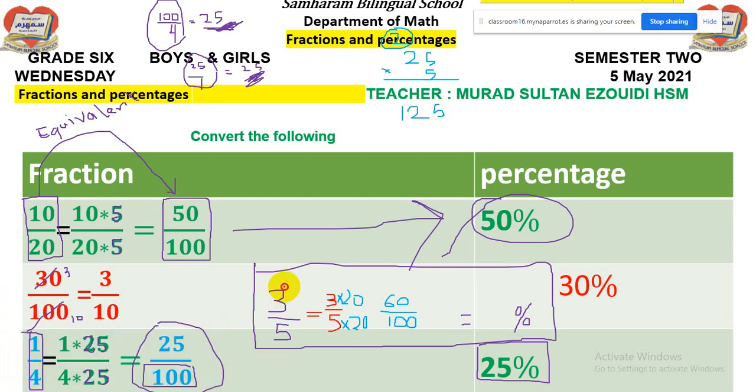This fraction, my daughters, 3 over 5 and 60 divided by 100 are called equivalent fractions. So we start from that and we reach 60 over 100. Now you can see it's written as a percentage. Why? Because the denominator is 100. So this one is 60%. Clear? 60%. Good girl. Please finish writing this, then we move to the second part.